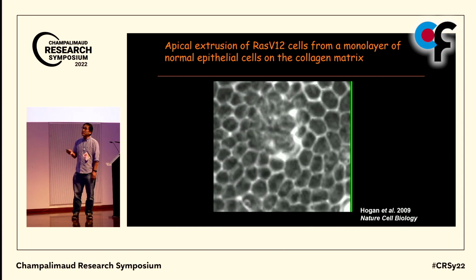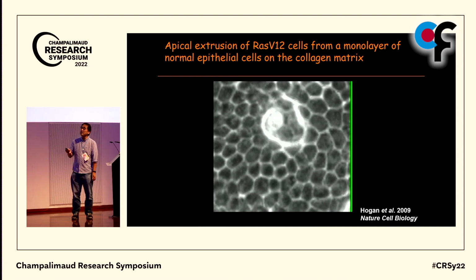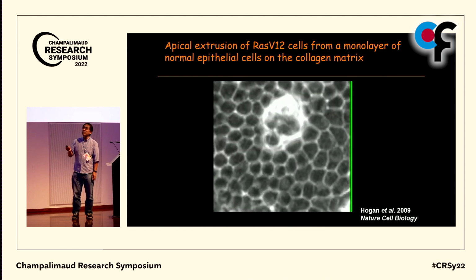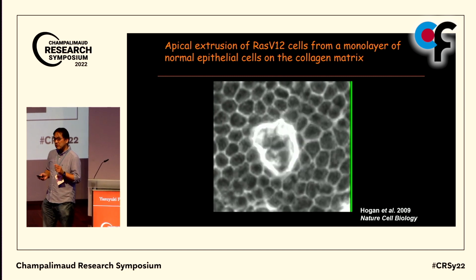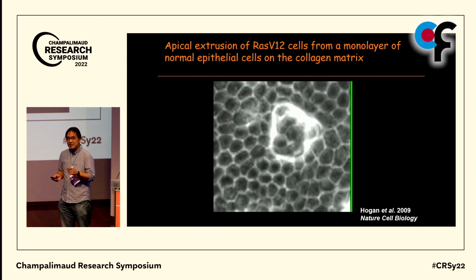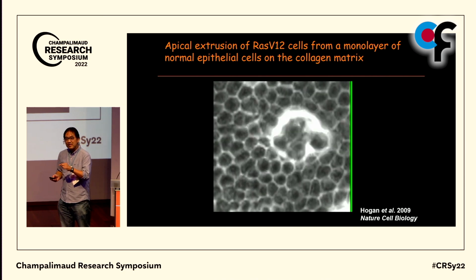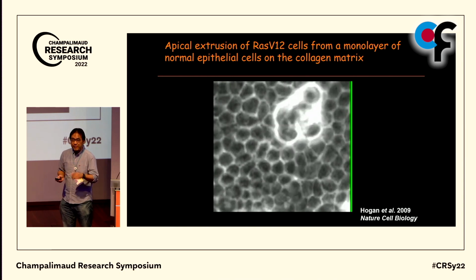And this direction is into the apical direction. So we call this phenomenon apical extrusion. And the direction of the extrusion is quite important. For transformed cells to metastasize into distant organs, they need to go basal and invade the matrix and blood vessels.